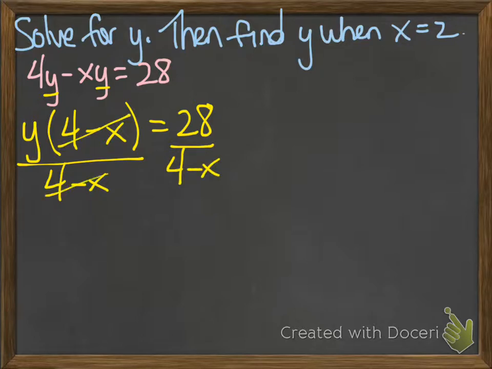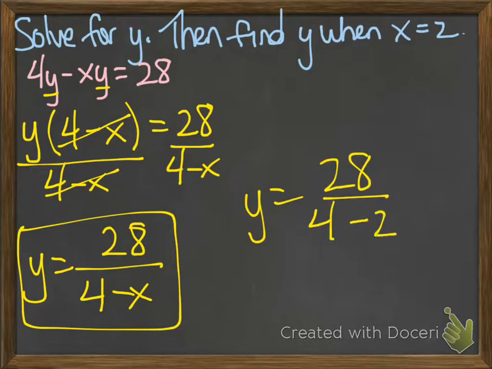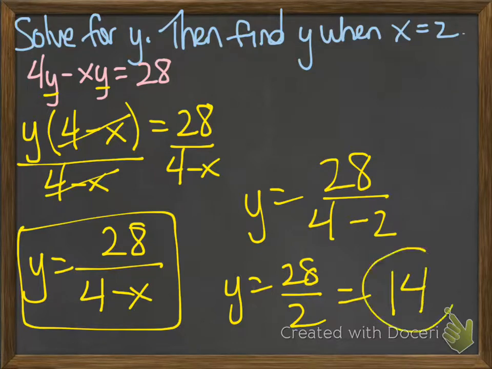This whole factor cancels, and I end up with y equals 28 over 4 minus x. Again, when I plug in 2, y equals 28 over 4 minus 2. So y equals 28 over 2, or y equals 14.